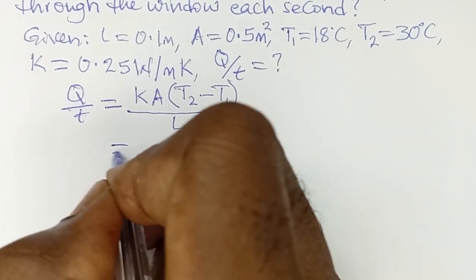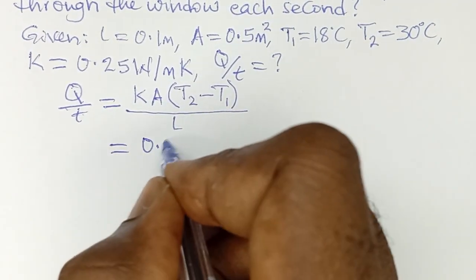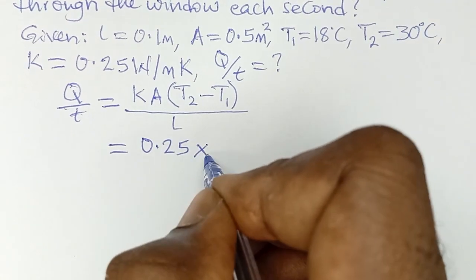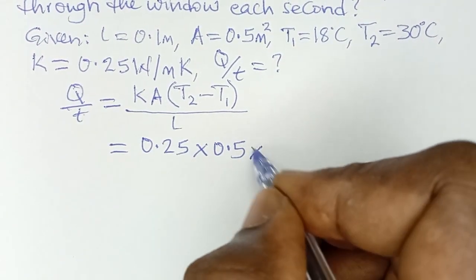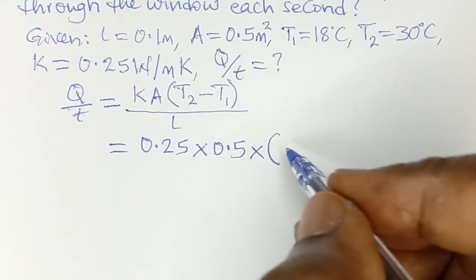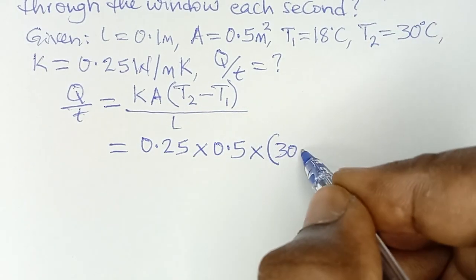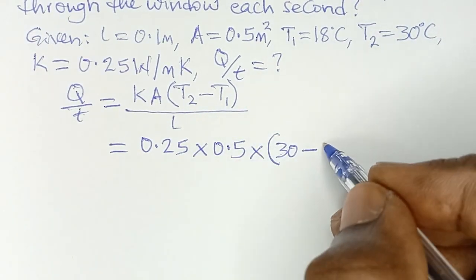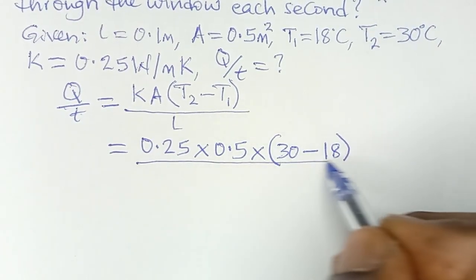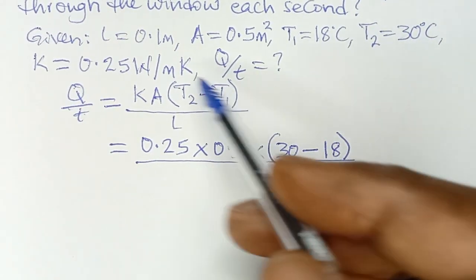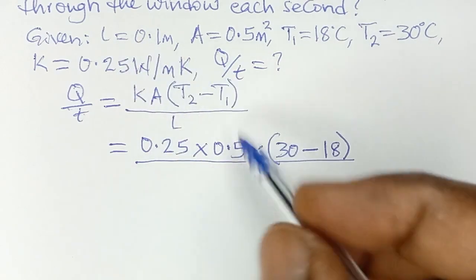So I have K, which is 0.25, multiplied by the area, which is 0.5, multiplied by the higher temperature T2, which is 30, minus the lower temperature T1, which is 18. And then all divided by the length, which is 0.1.